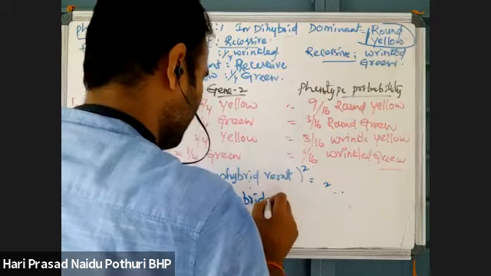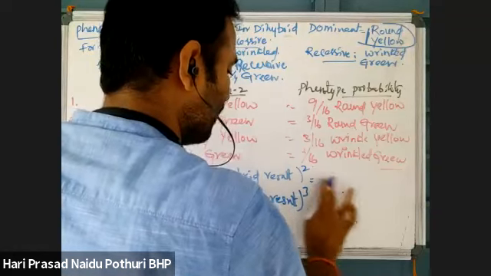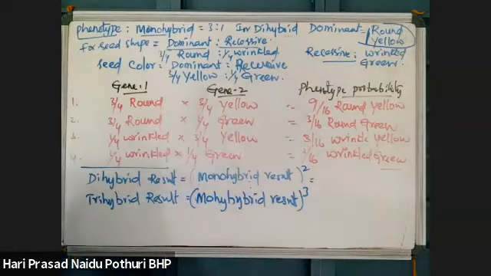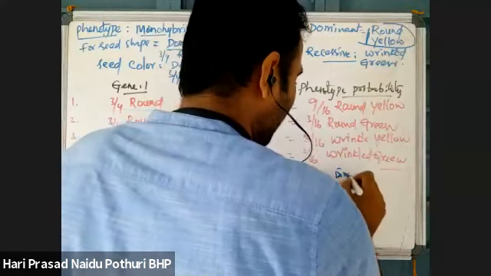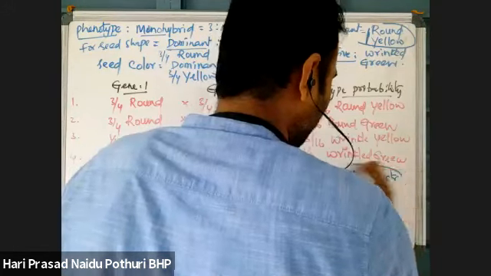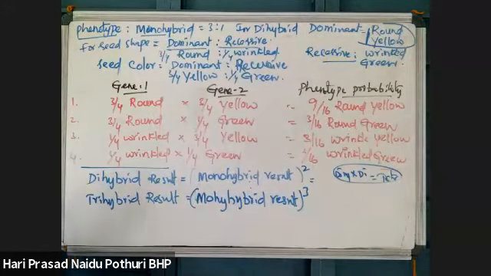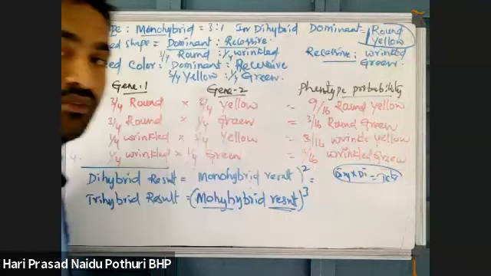Monohybrid result cube, not square. Dihybrid into dihybrid would give tetrahybrid. I forgot it. See here, monohybrid cube will give trihybrid.